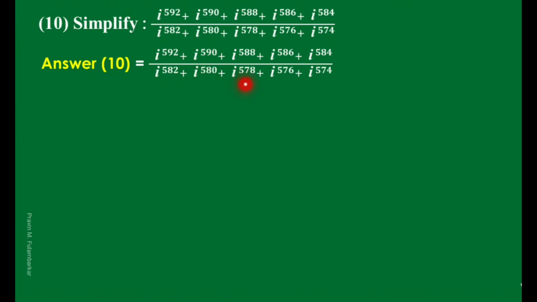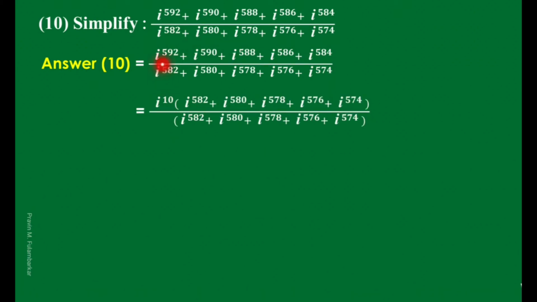When we add 10 in 578, we get 588. When we add 10 in 576, we get 586. And when we add 10 in 574, we get 584. That means we can take 10 common from each term.